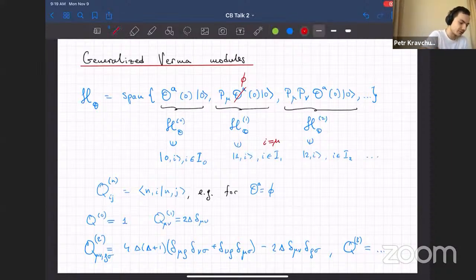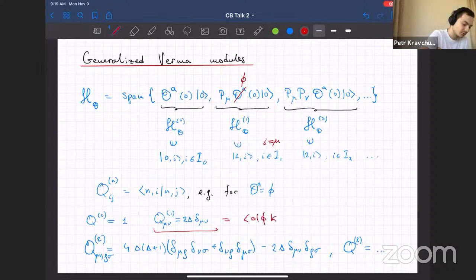So for example, when the local operator O is some scalar phi, if we want to compute the matrix for level 1, it's given by this expression.